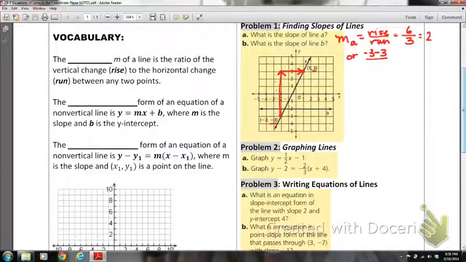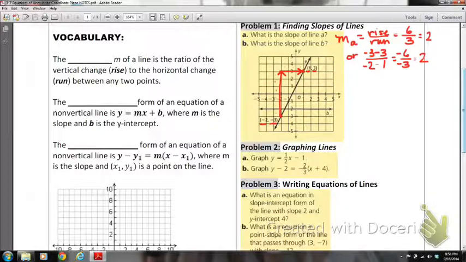And since I started with the point -2, -3, I have to go back to that point to get the x value for the denominator. It's -2 minus the x value of the other point, which is 1. So that gives us a -6 over a -3, which is a +2.